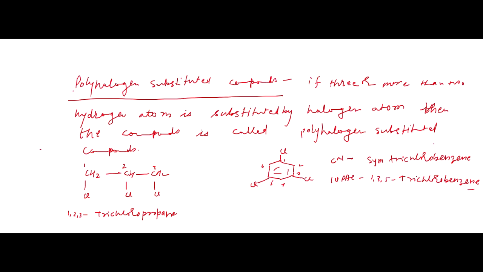Now we go to another basis: on the basis of the sp3 C-X bond. What do you mean by sp3 C-X bond? It means the carbon attached to the halogen is sp3 hybridized.